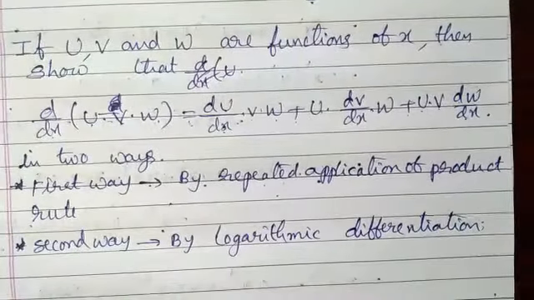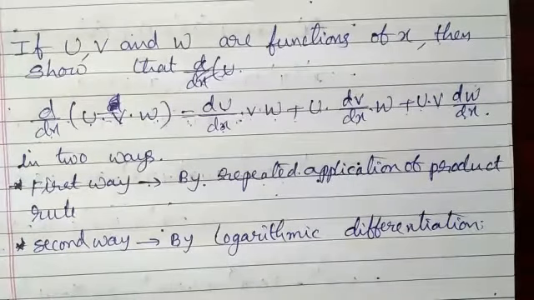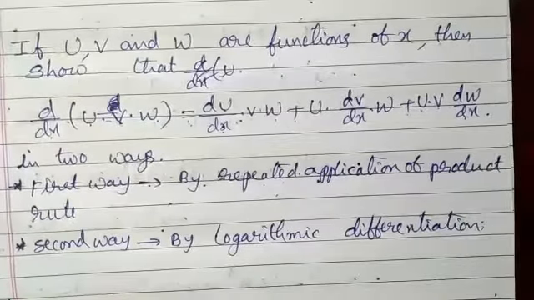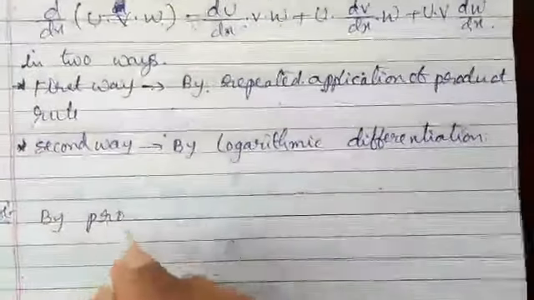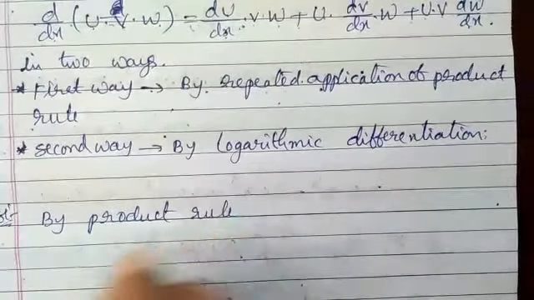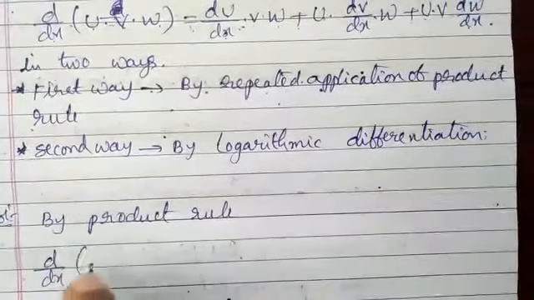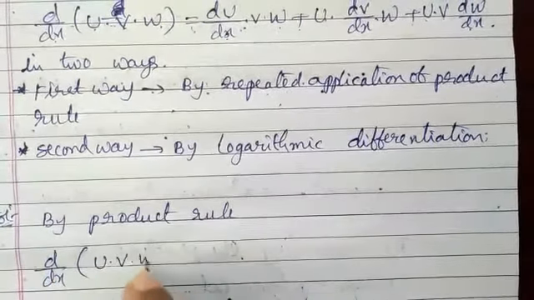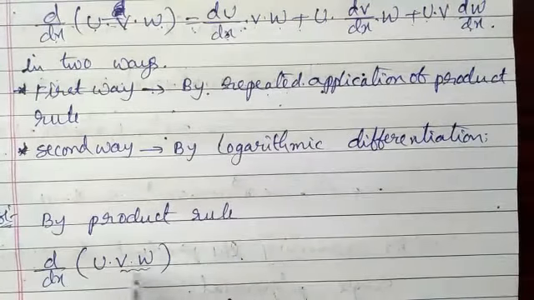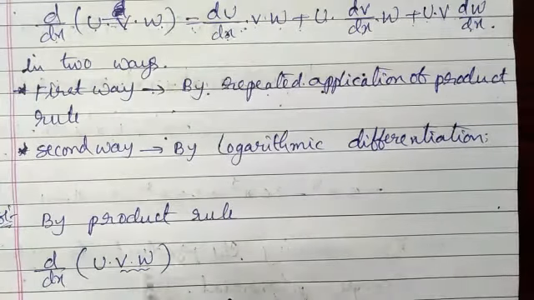Note down. And the answer is, first way, by product rule. d by dx of u into v into w, that means u into w considered as a single function, you consider it as f of x and this part consider as g of x.